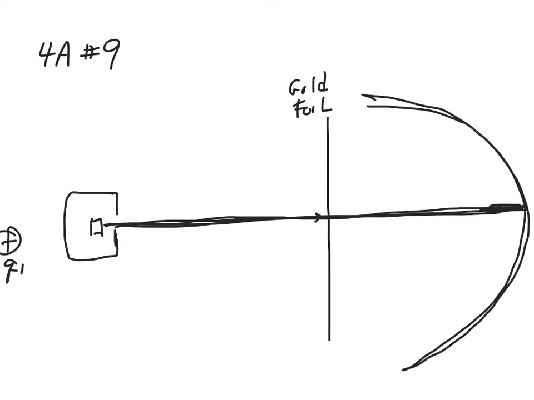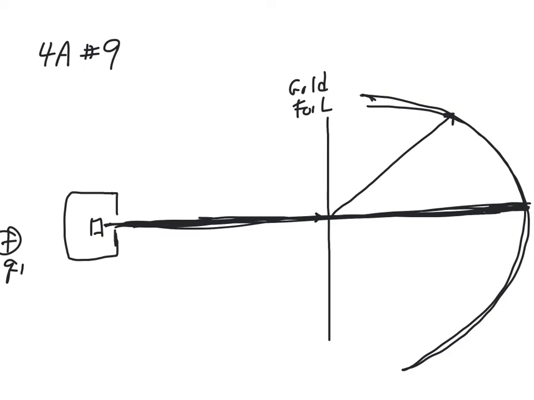What happened was they did this, and sure enough, they weren't surprised. The particles seemed to go right through the gold foil without any deflection, only they noticed that occasionally, and quite rarely, a particle would appear far away from that path.